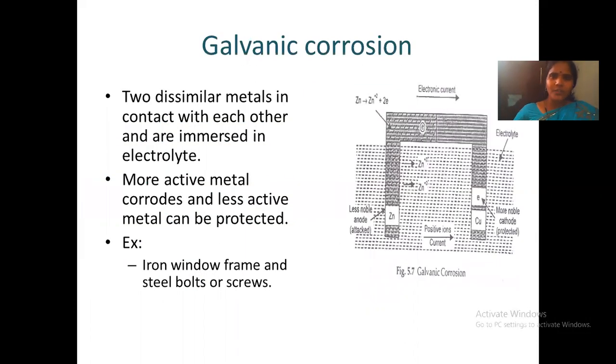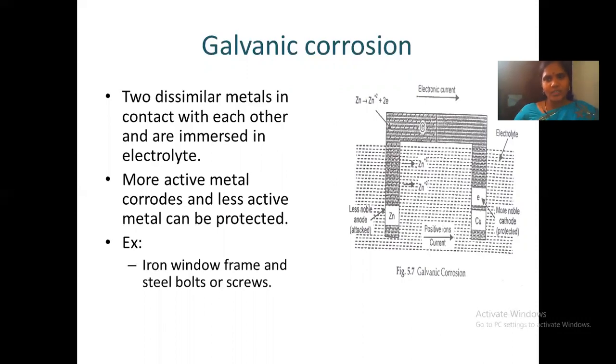Galvanic corrosion is an example of electrochemical corrosion where two dissimilar metals are in contact with each other and in contact with an electrolytic solution. Two dissimilar metals means metals with different oxidation potential values. The metal with high oxidation potential is considered the active metal, and the one with less oxidation potential is considered the less active metal.